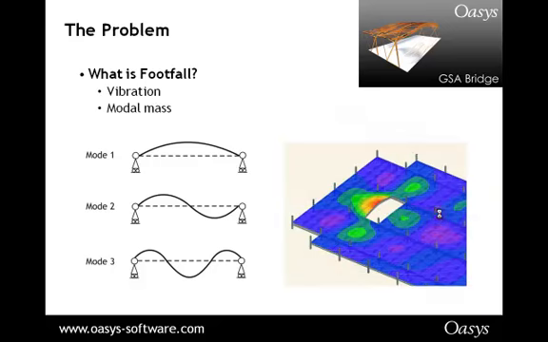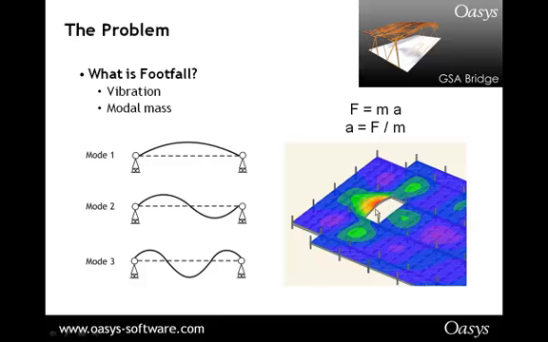Now, apart from the frequencies, there's also a thing called the modal mass, which is important to know about. Because remember from high school physics, force equals mass times acceleration. But what we're looking for is acceleration on the bridge, acceleration that people experience on the bridge, and acceleration is force divided by mass. Now the modal mass is not what the bridge weighs, but how much of the bridge is moving for a particular vibration mode.